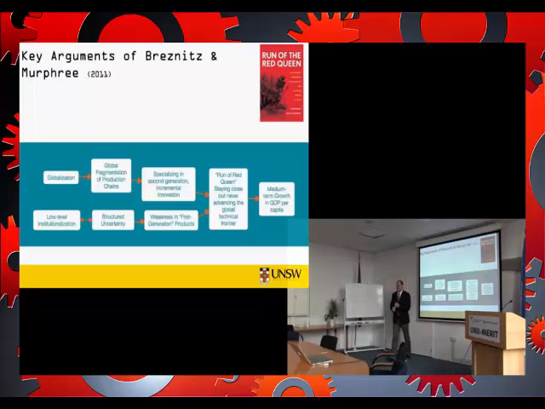Why? Breznitz and Murphree say there is an amazing amount of what they call structured uncertainty in China, meaning the government is not a singular force. Yes, they have this policy of science and technology, but they have other policies in terms of growth and employment, which are orthogonal to or contradict this.